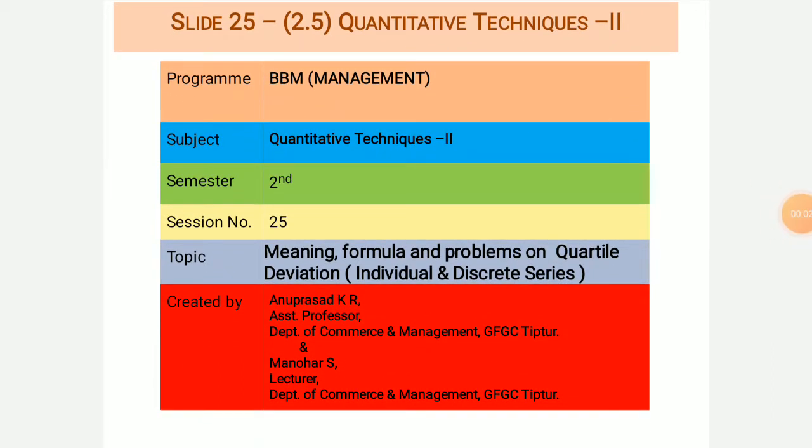Let us discuss interquartile range and quartile deviation. The quartile deviation is one of the methods of studying the dispersion, or the difference of the values or items given in the frequency distribution or in the series, by eliminating the lowest 25% and the highest 25% of items in a series.